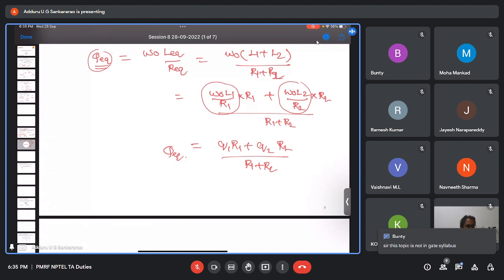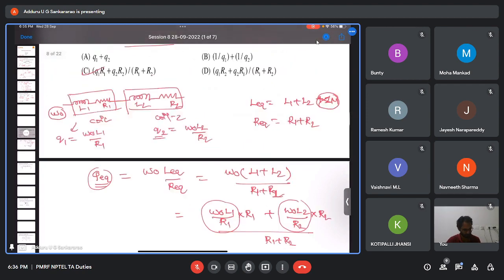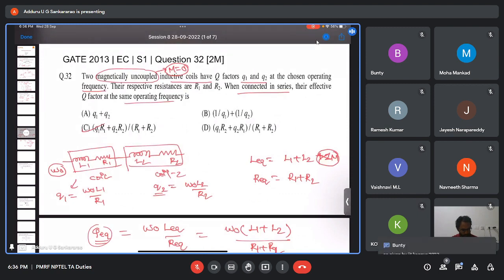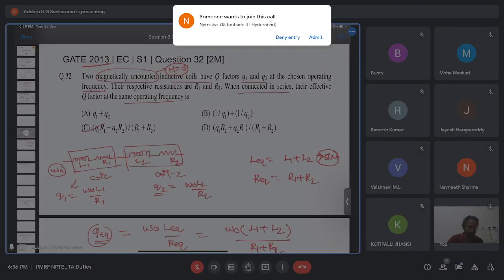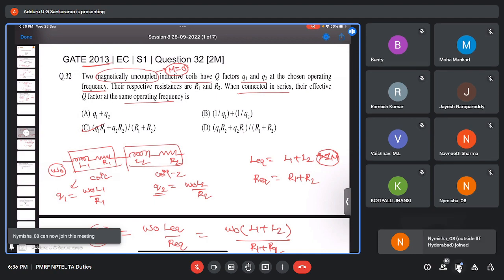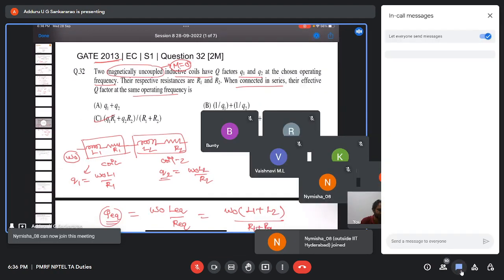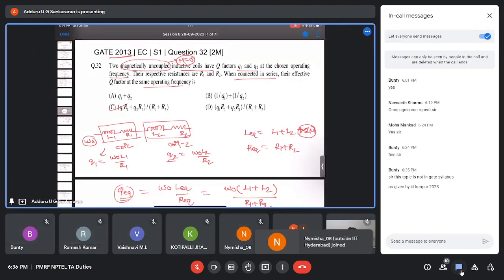Oh, this topic is not in the GATE syllabus. Maybe they might have removed it now. I'm not sure, but this was given in GATE 2013. But these things will come definitely, I guess. Okay, according to the GATE 2023 syllabus, this is not there, you're telling. Okay, fine.